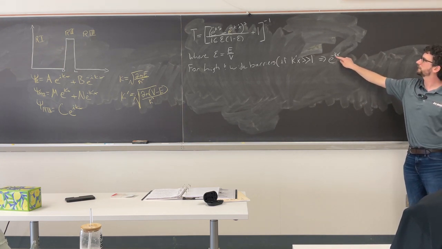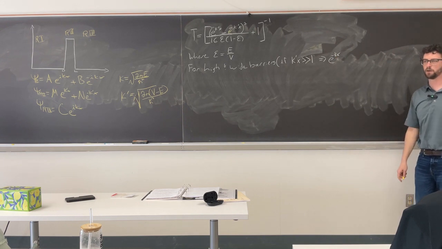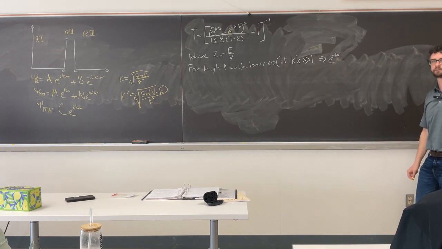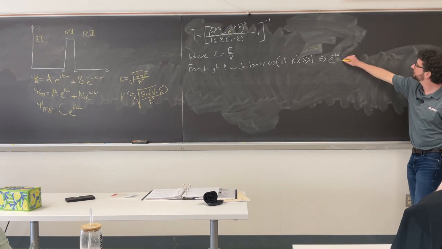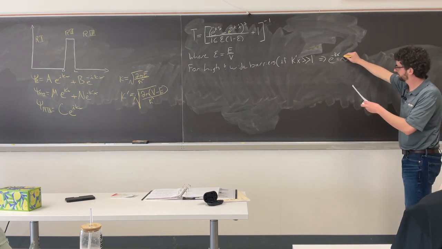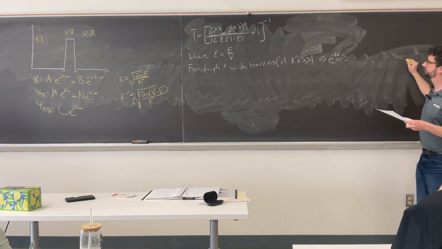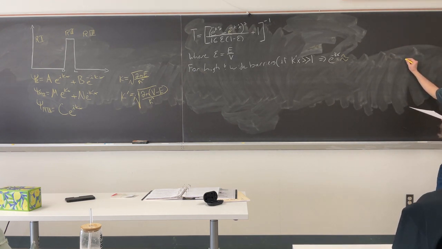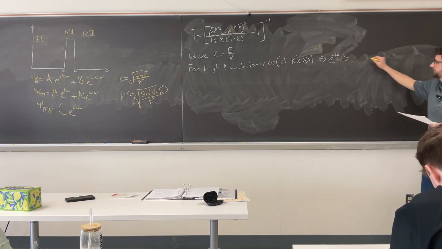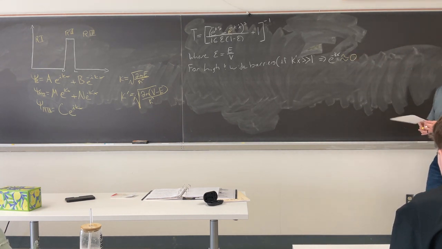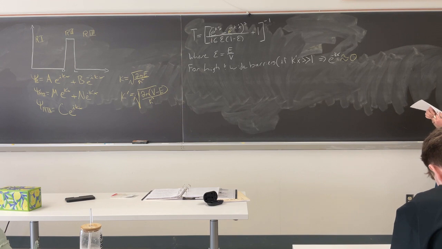It's a negative exponent. What could you approximate its value to be? So we can say it's approximately equal to 0.